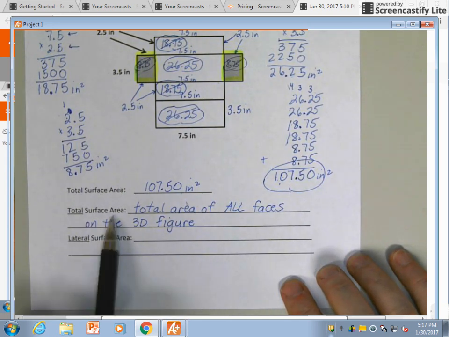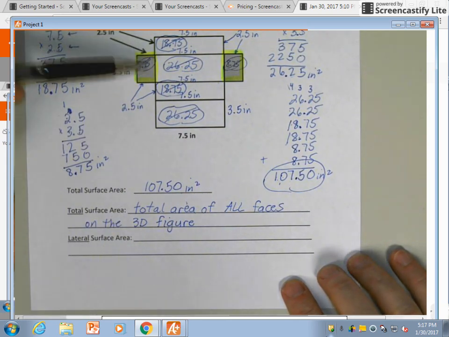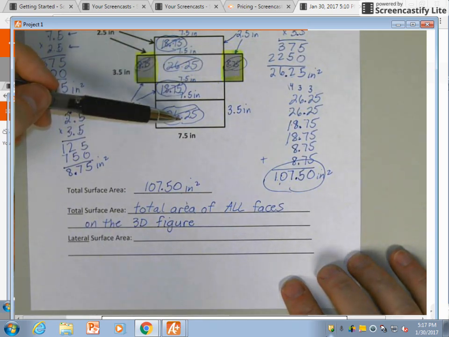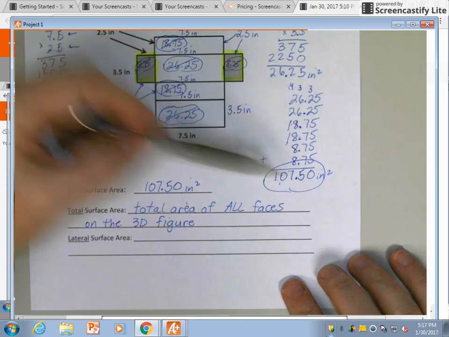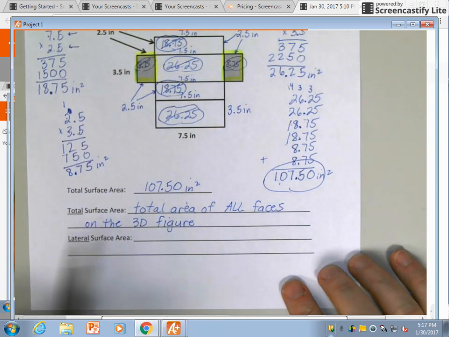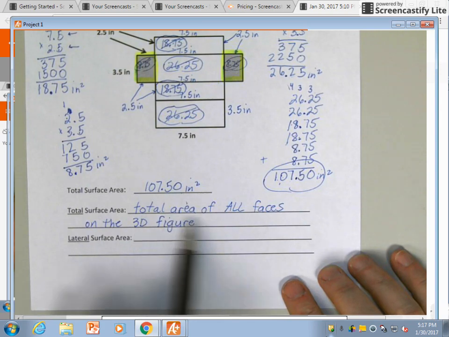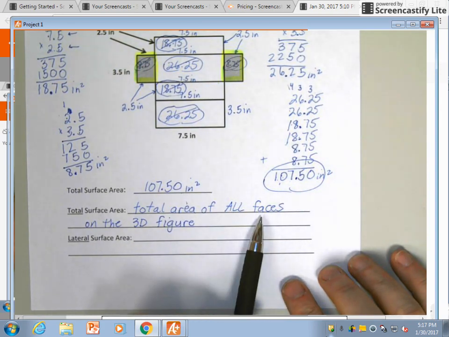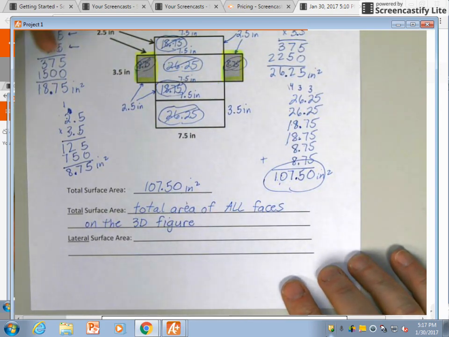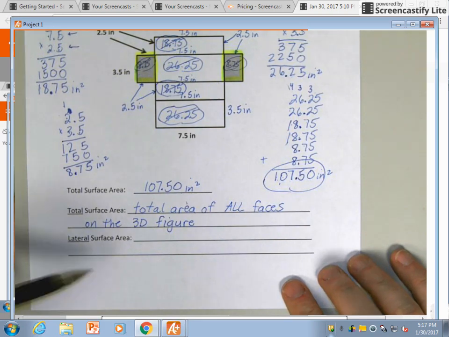In this case, we have 6 surfaces, and so we added all 6 together, and that was our total. The total surface area is the total area of all faces. Remember, a face is just a flat surface of the prism.